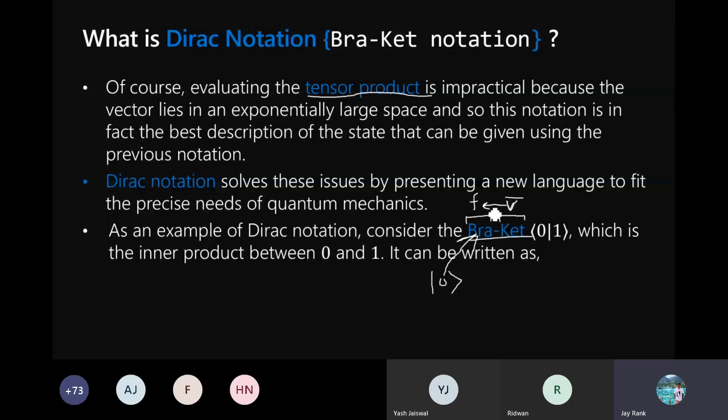Yeah, so I have also written that as an example of Dirac notation, consider the bracket, which is the inner product between 0 and 1. So yes, this 0 and 1 doesn't necessarily mean that 0 is any kind of function and this 1 stands for any kind of vector. It just means that there is a bilinear state, that is, there is a function incorporating 0, and there is also the same function incorporating 1 as another qubit.